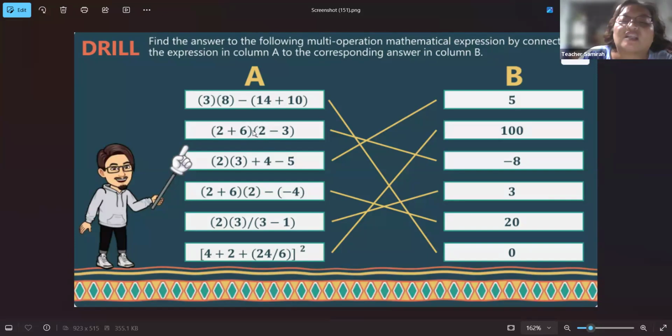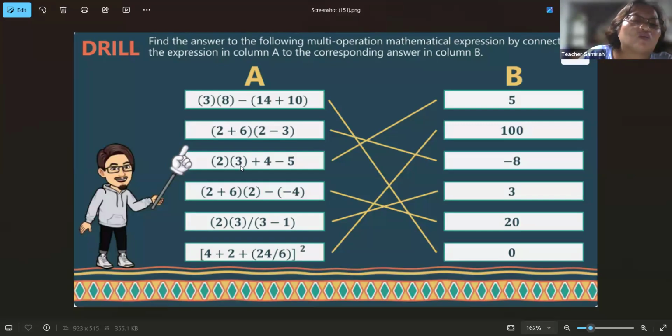Negative 1, we answered 8, right? And then this one is 2 times 3. If the two integers have parentheses between them, then this is actually implied as multiplication.